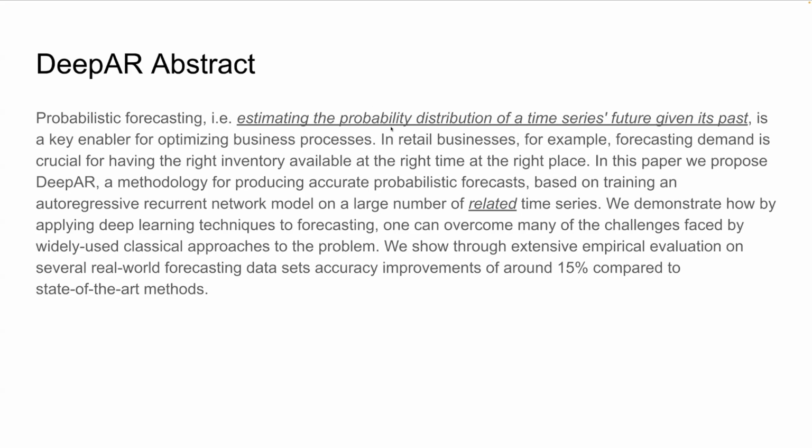Okay, so personally, I think the DeepAR paper has two parts that are very important. The first part is that instead of predicting numbers directly, we try to predict a probability distribution.